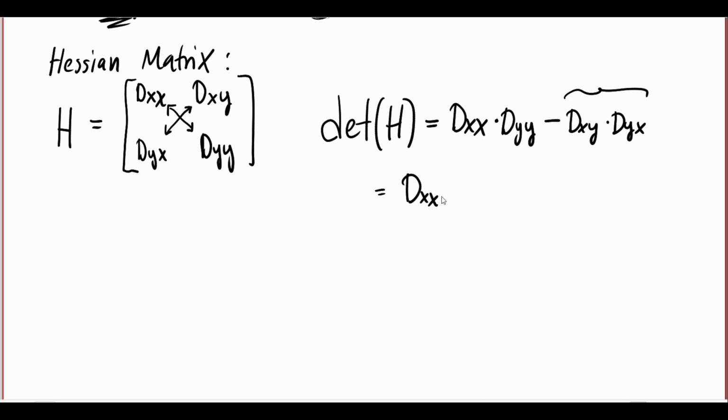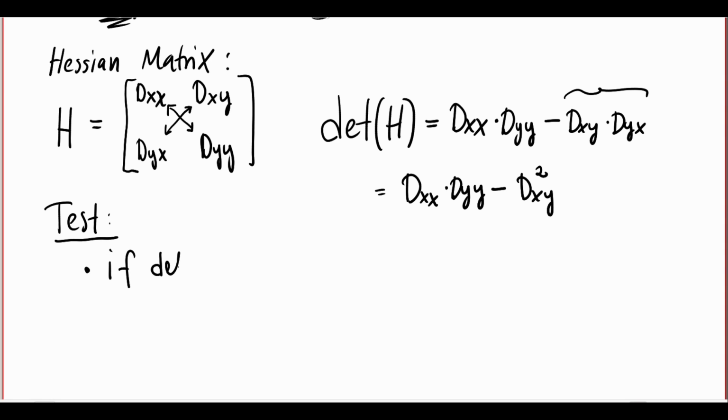They are the same here, so we get that the determinant of the Hessian matrix is dxx times dyy minus dxy squared. And then we can perform this test here. If the determinant of the Hessian matrix is larger than 0 and dxx is larger than 0, we will have a minimum point.